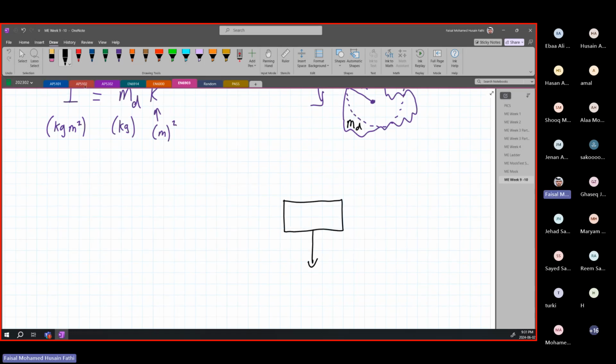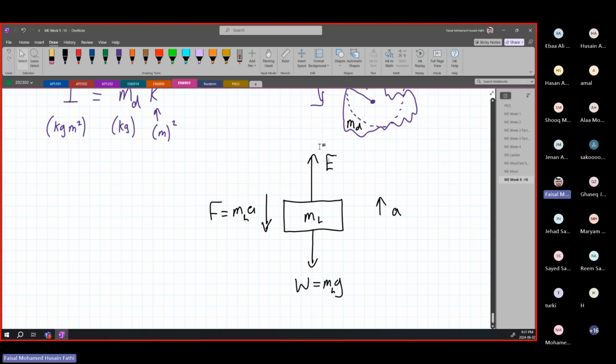So we have the weight W, which is equal to ML times G, because this is the mass of the load, and we have friction in this case where acceleration is upward, right? In this case, we have the force of inertia, which is mass times acceleration, acting in the opposite direction, which is MLA. And then we have the tension in the rope, which we called E.